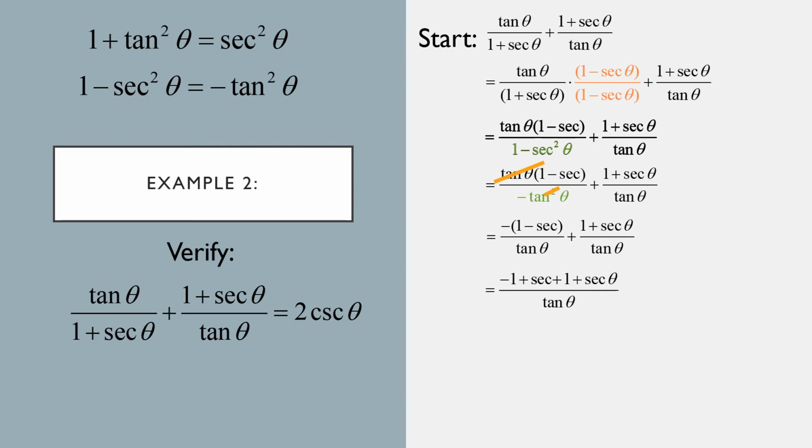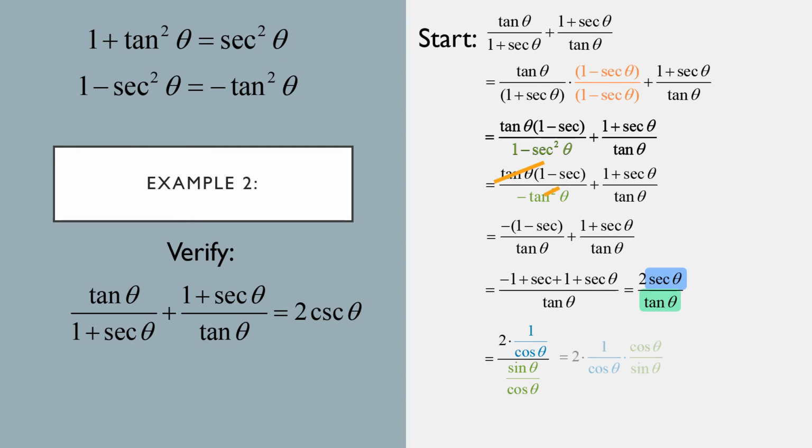I also distributed that subtraction into the first numerator, which allows me to simplify to 2 secant of theta. Secant of theta plus secant of theta is 2 secant of theta over tangent of theta. I can use a reciprocal to replace secant of theta, and I can use a quotient identity to replace tangent of theta.